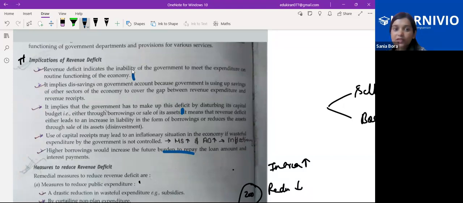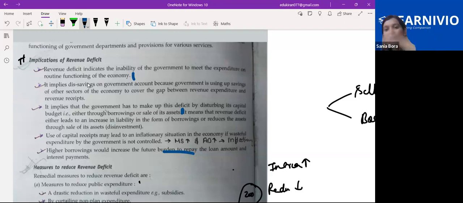Second is, now government has a deficit, so what will government do? Government needs to pay the bill, na? So government will use the money which is in savings. For example, in a piggy bank, you have 200 rupees, so you will take out the money from the piggy bank. So the second point is this dissaving.